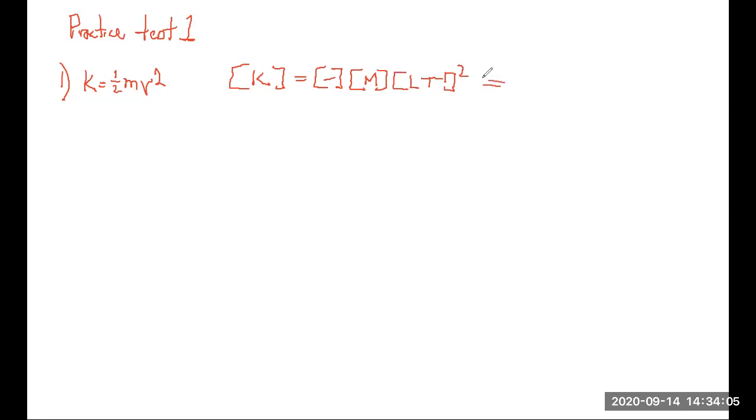And so all I have to do to figure out the dimensions of kinetic energy from dimensional analysis is combine or multiply through all these dimensions here. So we're going to get a mass in the numerator. We're going to get a length squared dimension in the numerator.